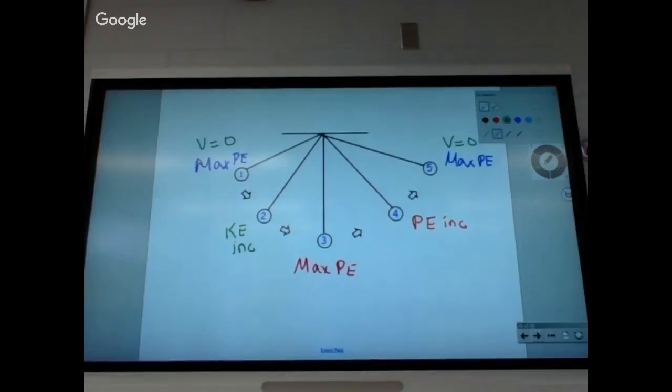Anybody else not there? Y'all there? Now, follow the directions on the lab sheet.